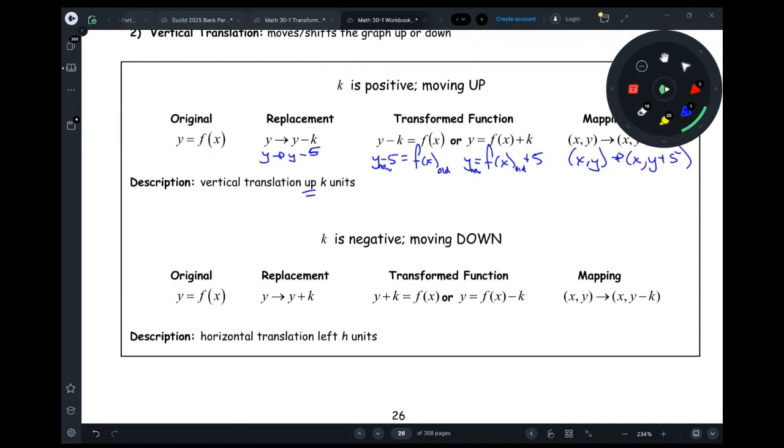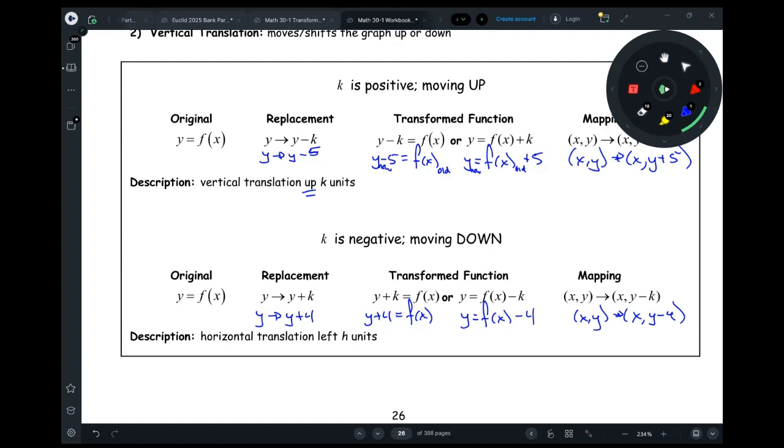And similarly, if I was to replace y with y plus k, let's say y plus 4, I get y plus 4 is equal to f of x. But typically I'll move that over, so that I am actually going to subtract that 4 from the old y coordinate. And so that means it is going to be 4 down.